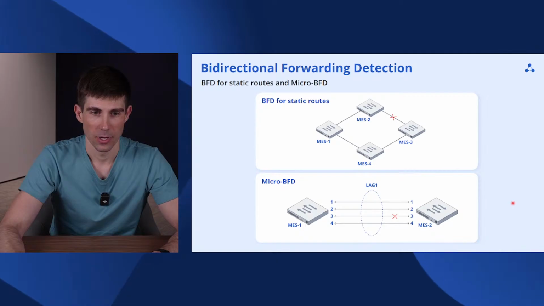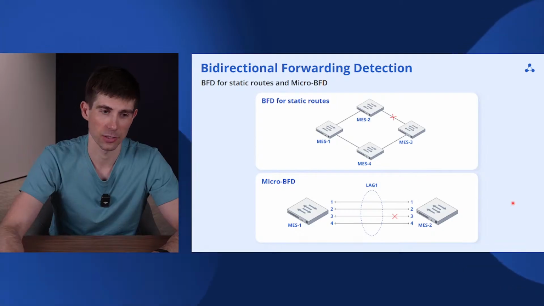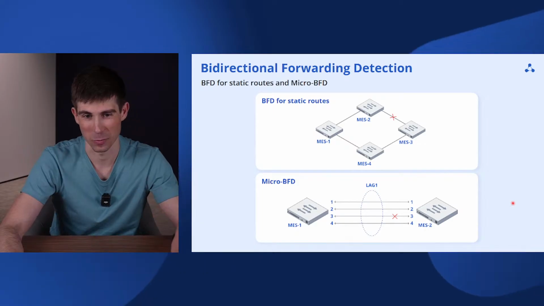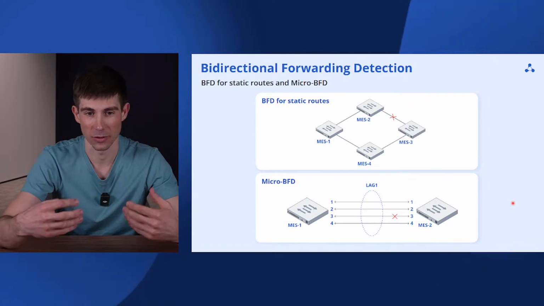When it comes to BFD, bidirectional forward detection, you might have noticed that most of the features we spoke to on the previous slide was to do with high availability, and this is no exception.